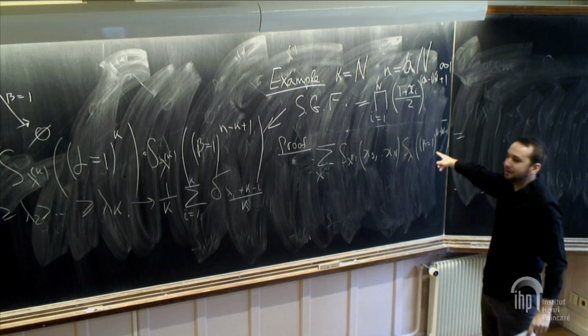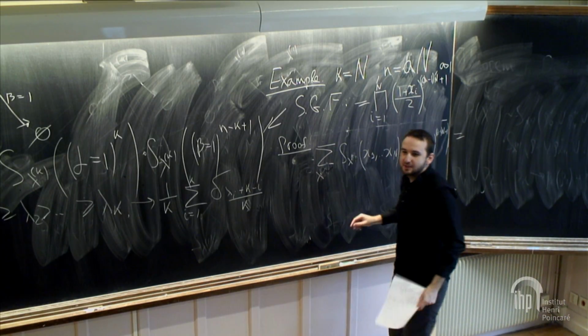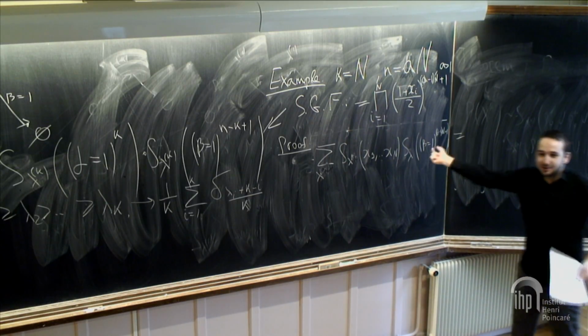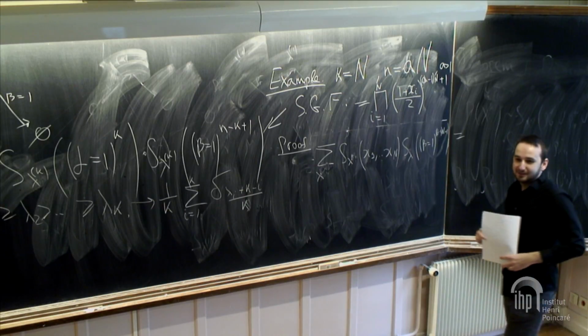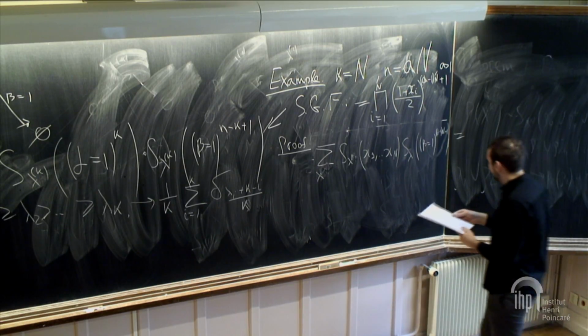Because you have these betas here. Yeah, we have betas. Exactly, when you take the transpose, it kind of becomes dual. Yes, exactly. So if you don't know about these things, then what can you do?